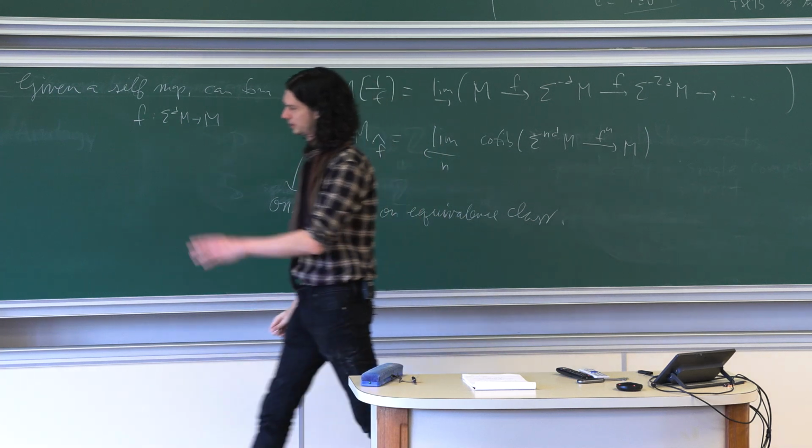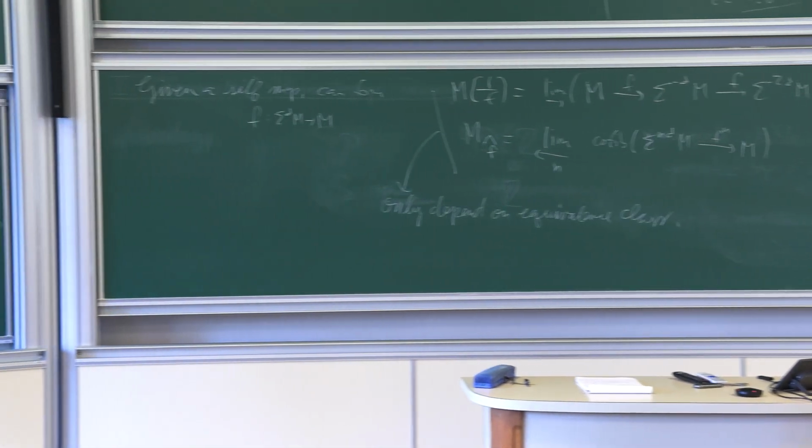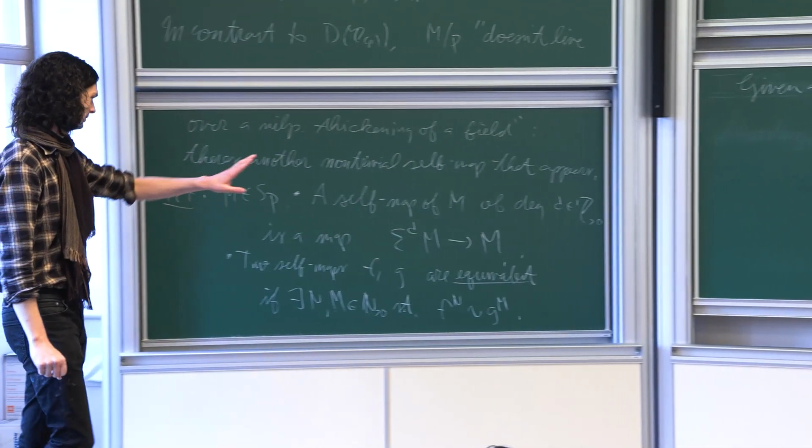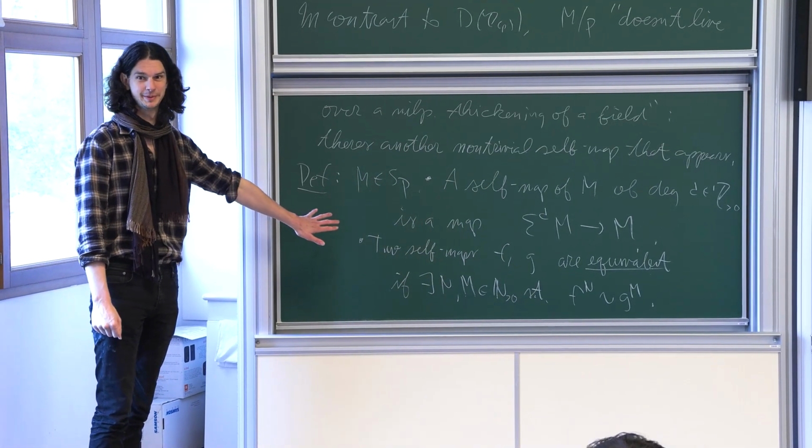So all we're going to use these self-maps for is to either invert them or complete along them. So we only care about the equivalence class of the self-map.